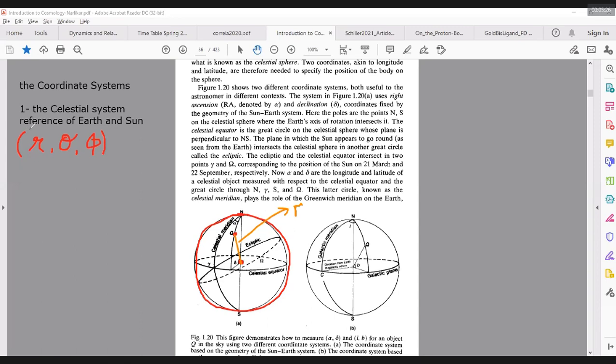So r is the distance that is already known from some other factors, not in this coordinate system. But in this system, we only measure the two angles to locate the object, theta and phi.